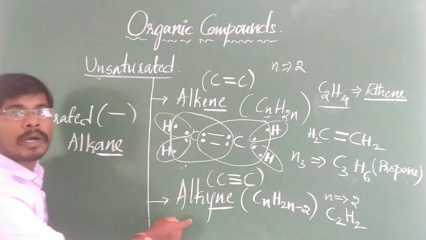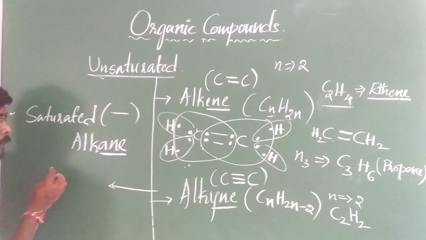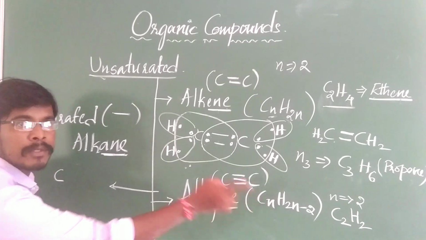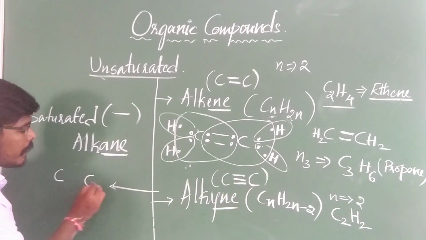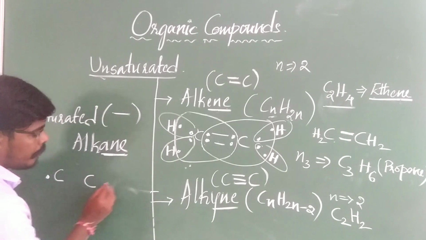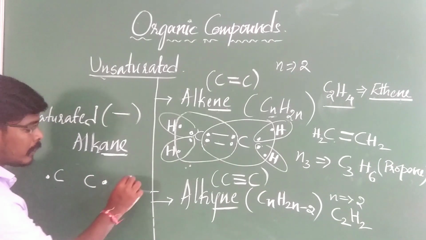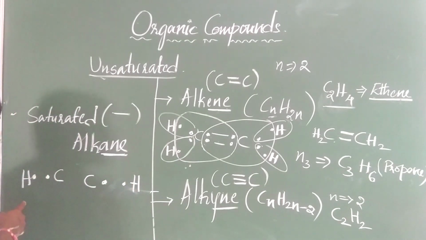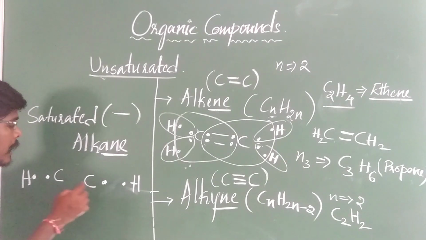If you want to draw the structure, I will draw here. 2 carbon atoms are there. Carbon with carbon. So only 2 hydrogens are there, one on each side. Here one hydrogen, and here one hydrogen.